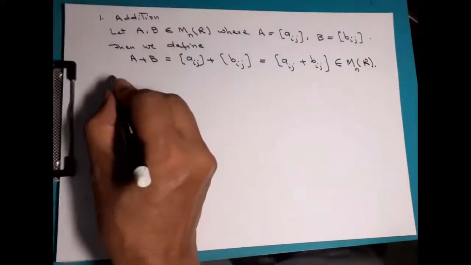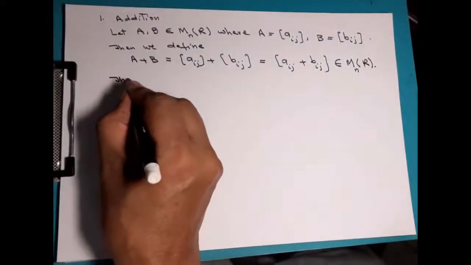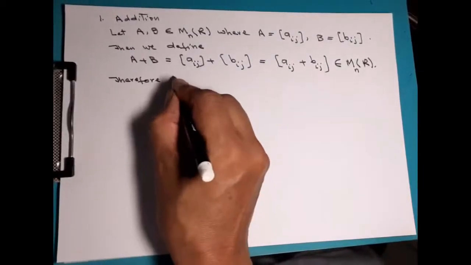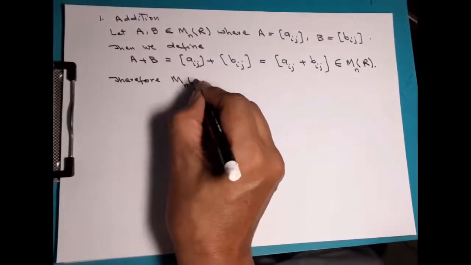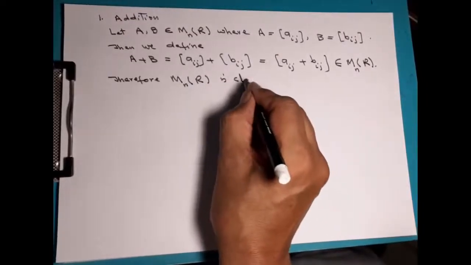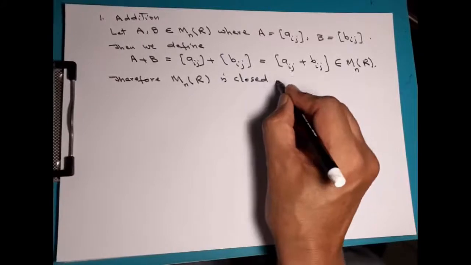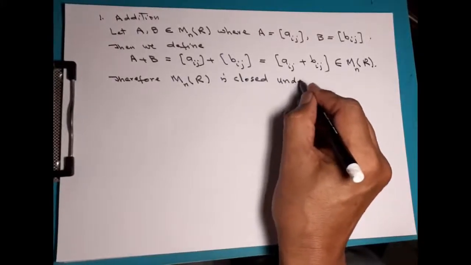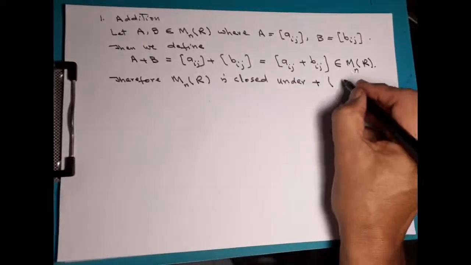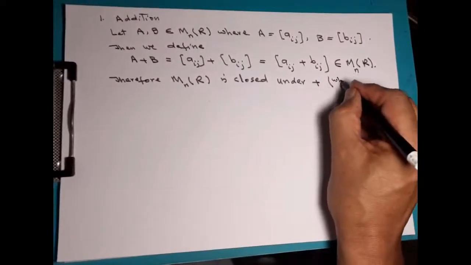Therefore it is easy to see that M_n(R) is closed under addition. Addition means the addition we have defined.